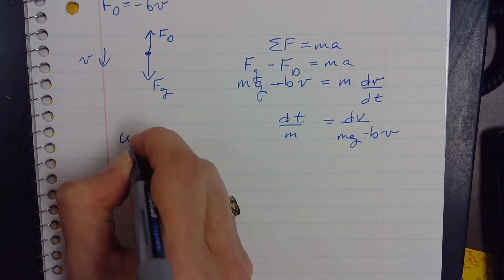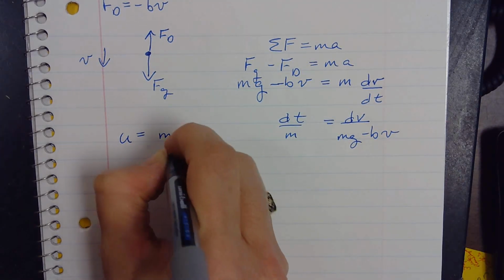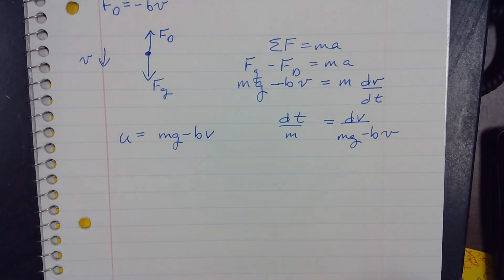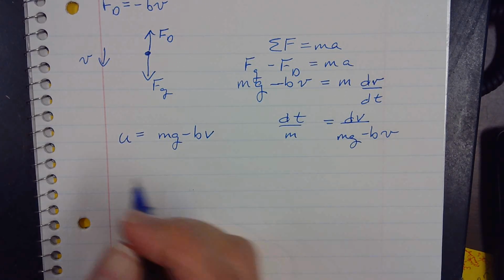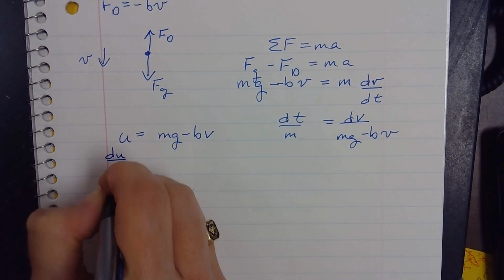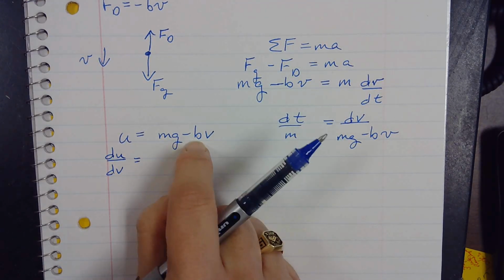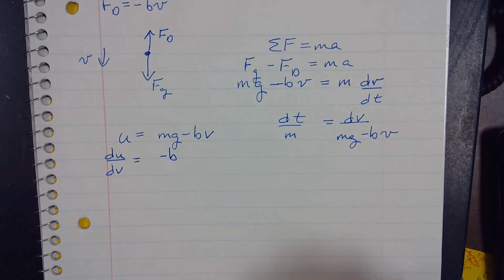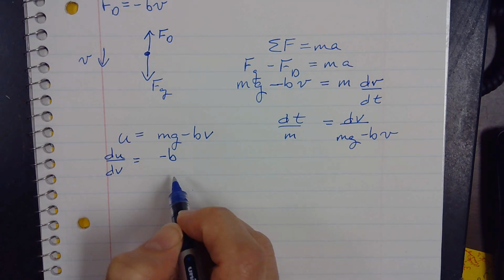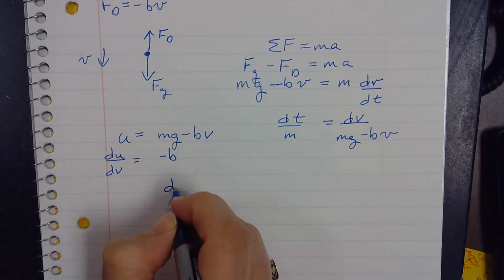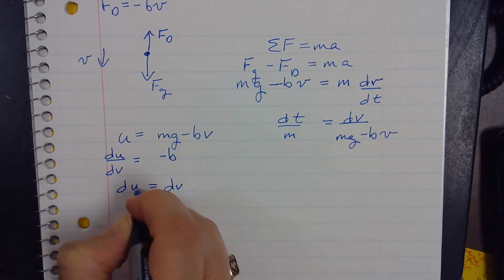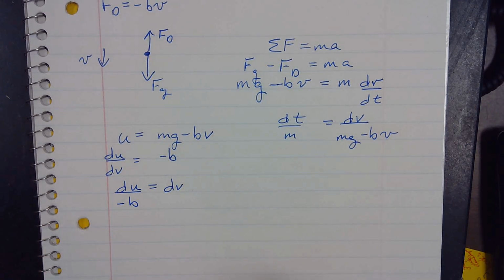I'm going to call it u, and it's equal to mg minus bv. And then I'm going to take the derivative of both sides with respect to v. So if this is a constant, it goes away, and then I just have negative b. So I can rearrange this to say dv is equal to du divided by negative b.